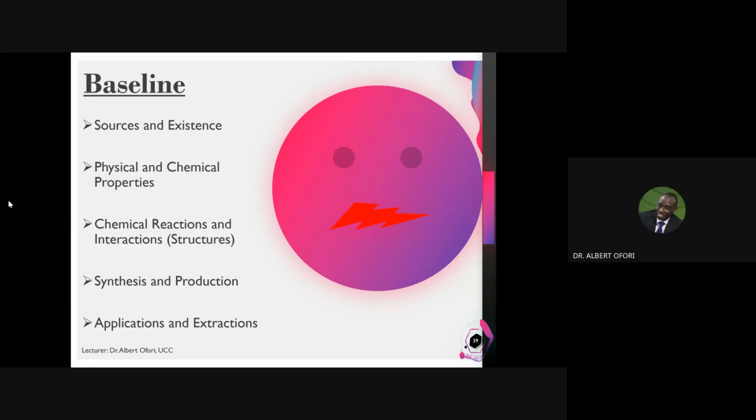So this is what we are going to be going through for the rest of the course. At a point in time, if I'm taking them group by group, it gets boring. So what I'm going to do is take the group and look at their general properties and their general chemical reactions. Then the rest will be the uses and applications.